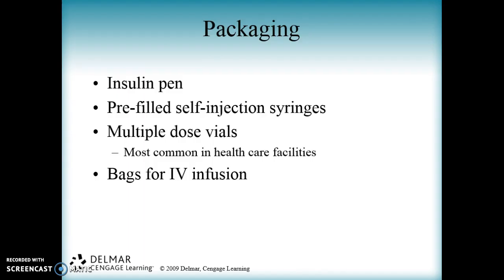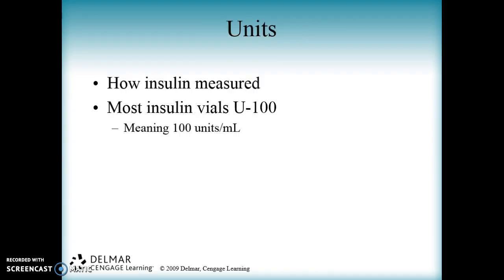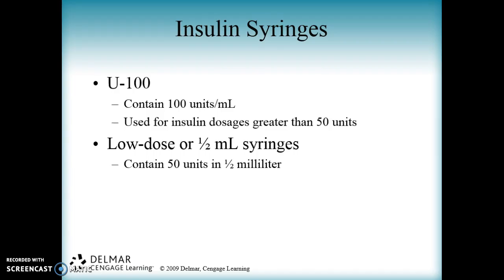When we talk about measuring insulin, insulin is measured using units. Most insulin vials are U100, which means there are 100 units per milliliter. And then, of course, we're going to have syringes that go along with that. The U100 syringes contain 100 units per milliliter.